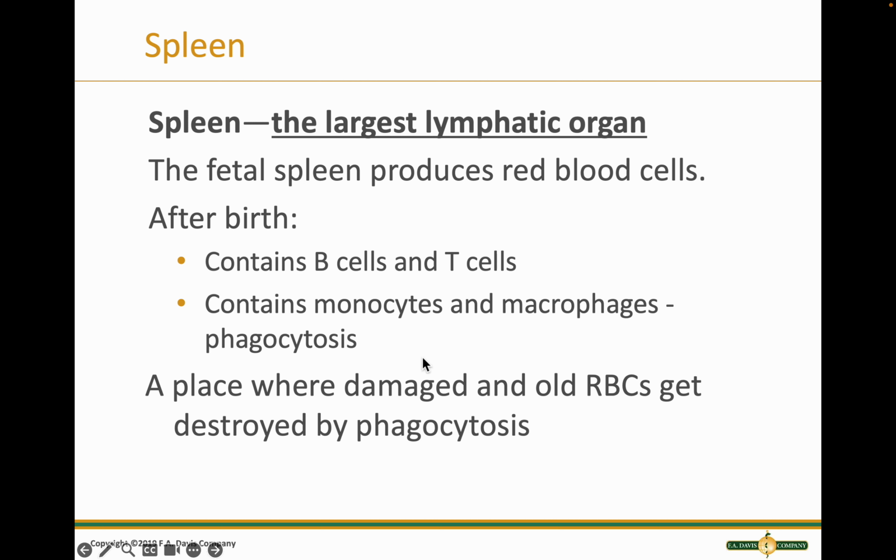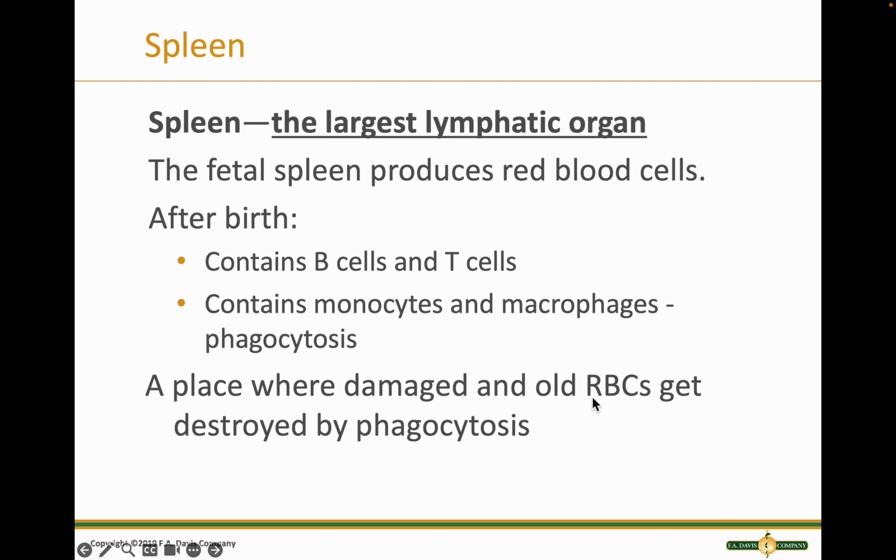It's also unique in that our lymph nodes aren't big enough for this, but because the spleen is so big, it has the space to break down and recycle old red blood cells. Red blood cells only live around 120 days.